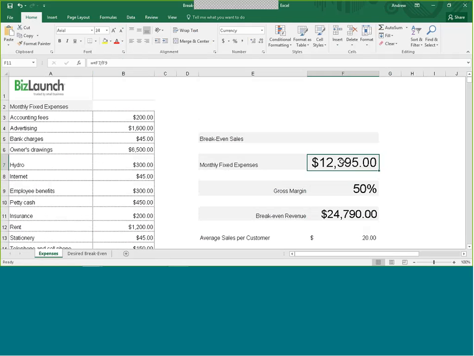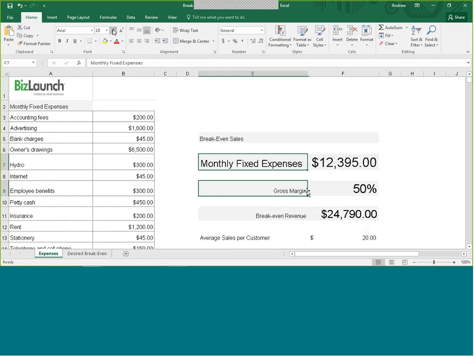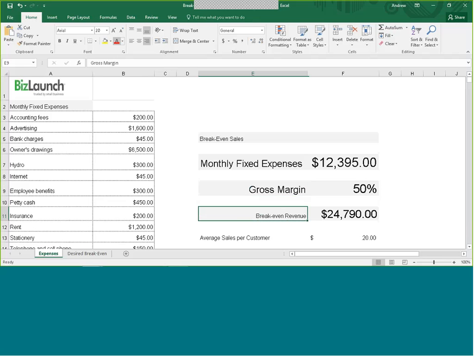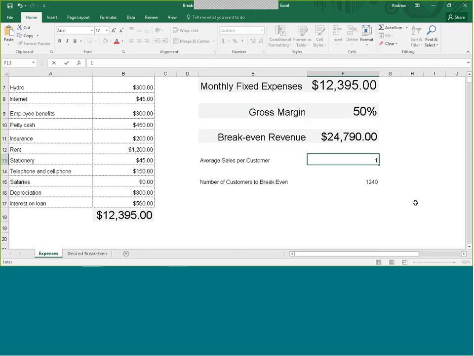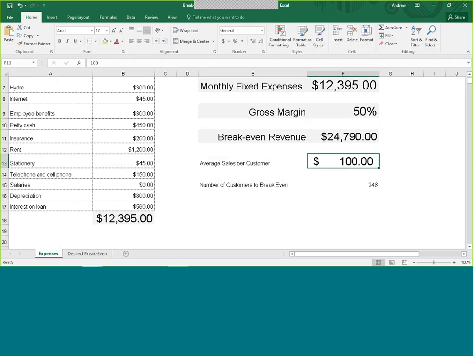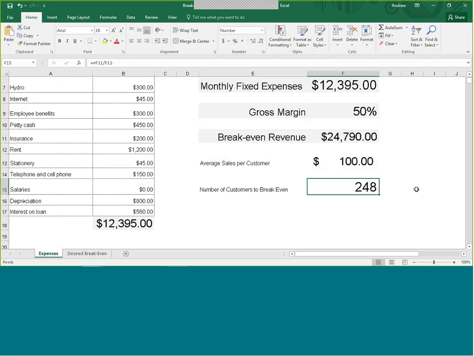So $12,000 is my fixed expenses, my gross profit margin is 50%, and my break-even will be $24,790. If my average customer purchases $100, then I need to get 248 customers to break even.